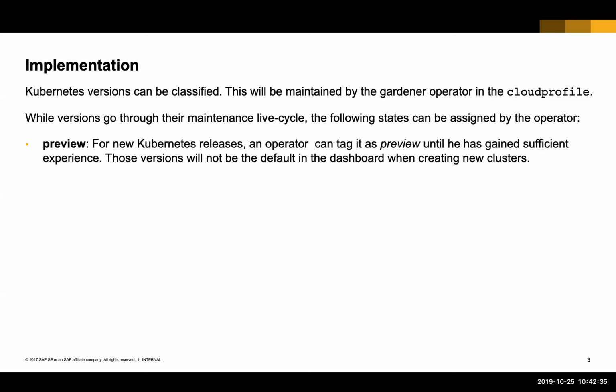An operator usually would tag this as preview until he has gained sufficient experience. And as a result, when specific versions are tagged as preview, they will not be the default in the dashboard, so that not all new clusters for all users will use this new version.